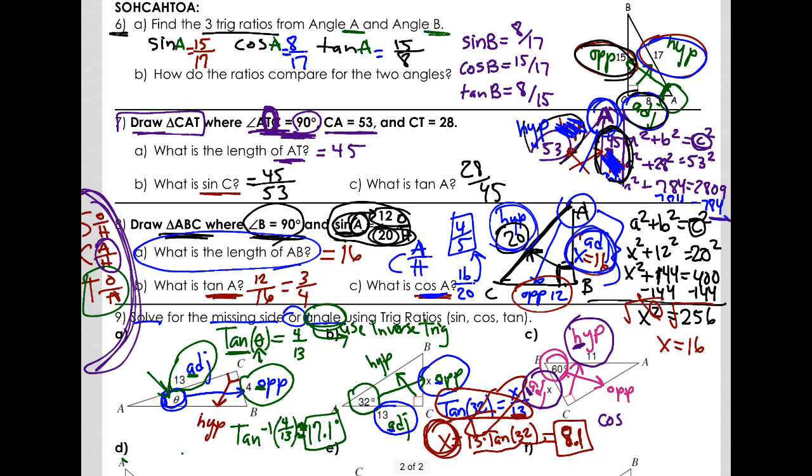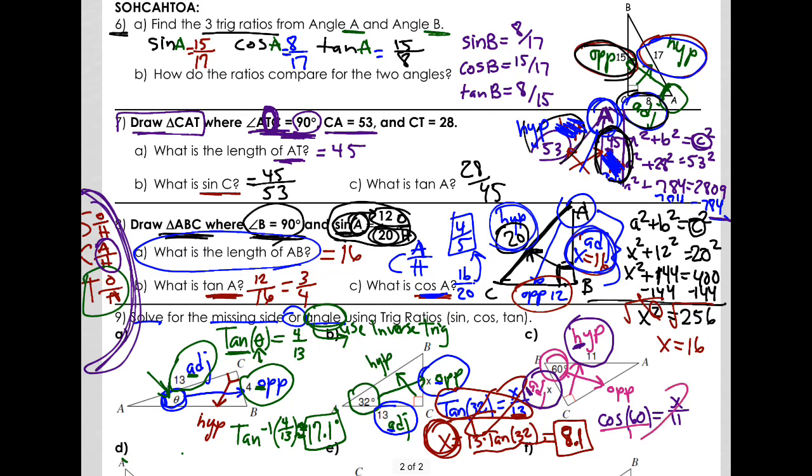So we have cosine of our angle measure is equal to, remember it's important the order, cosine is adjacent on top over your hypotenuse, which is 11. Let's set it up to cross multiply. We got to put a 1 there.